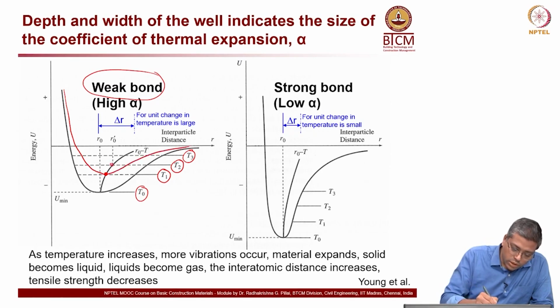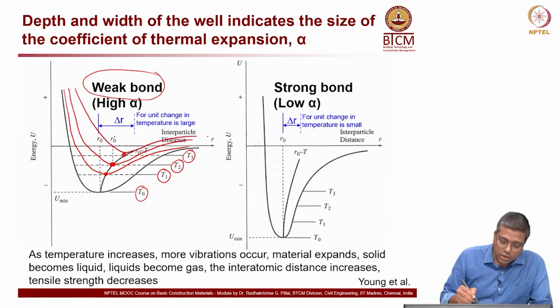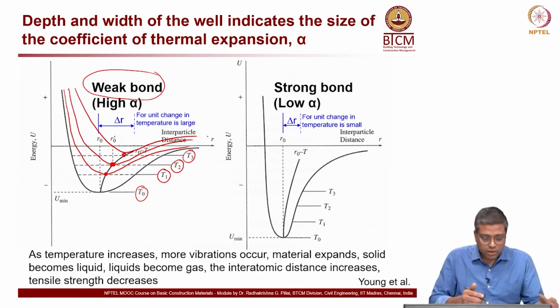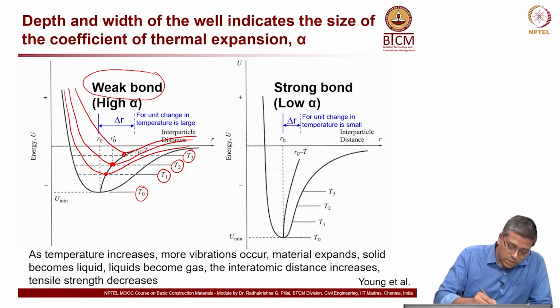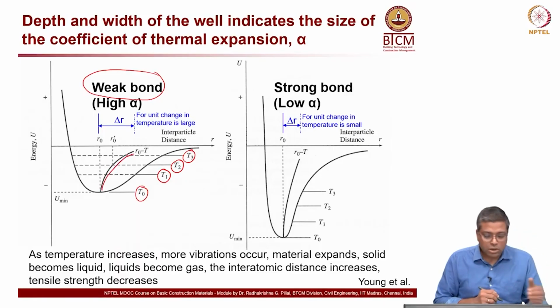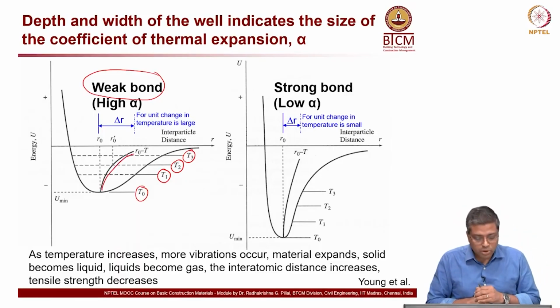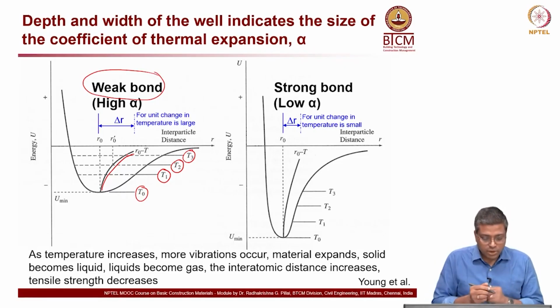At T2, that is here, the curve might become something like this. At T3, that is here, the curve might become something like this. So, the curve keeps changing. Now, this black curve here is the locus of all those bottommost points at different temperatures.